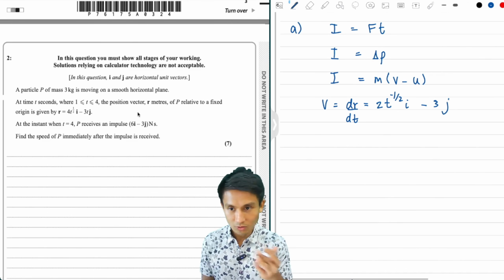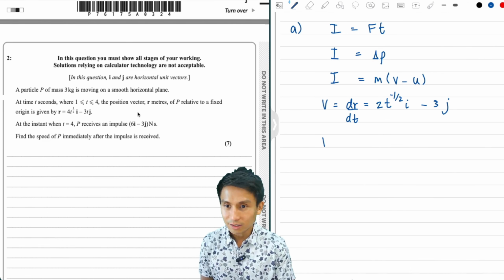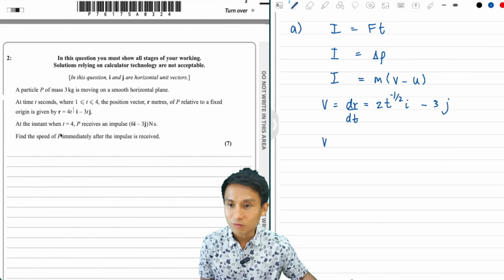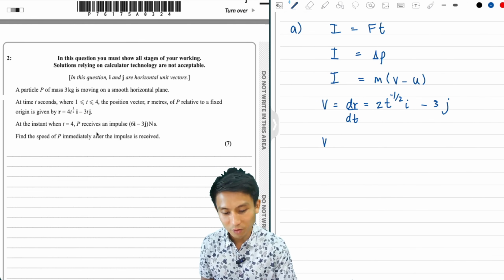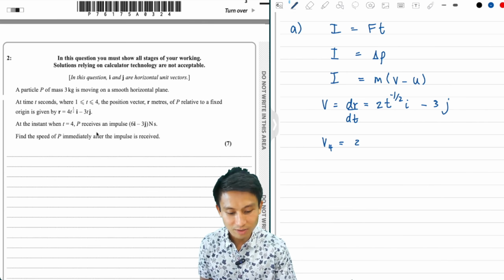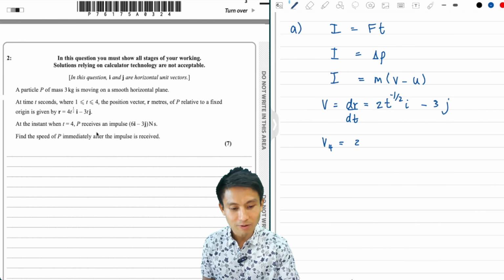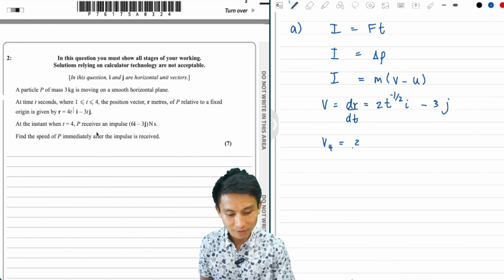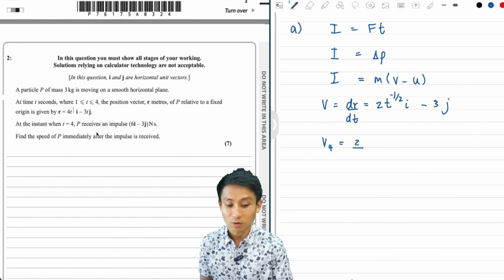Okay, so because it receives the impulse at t equals 4, if we plug 4 in, let's say velocity at t equals 4, t to the power of minus half is basically 1 over square root t, right?